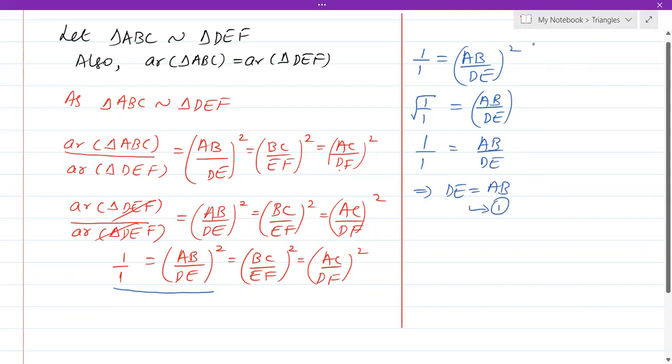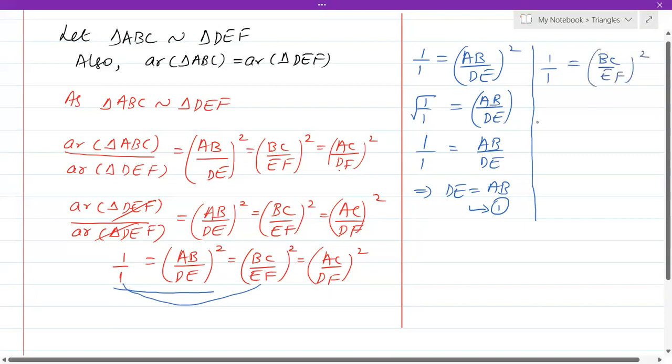Now in the similar manner, if we take the first 1 by 1 and the other 1 by 1 is equal to BC by EF the whole square, definitely we end up with BC equals EF. Let's take it as equation 2. Similarly, if you take the first one and the last one, we get AC equals DF. Let's take equation 3.